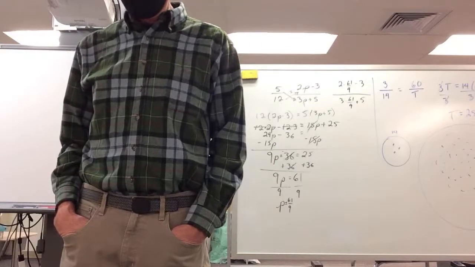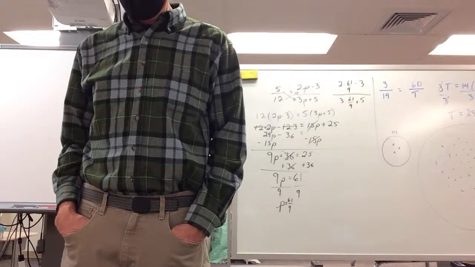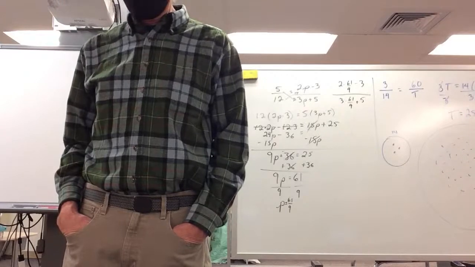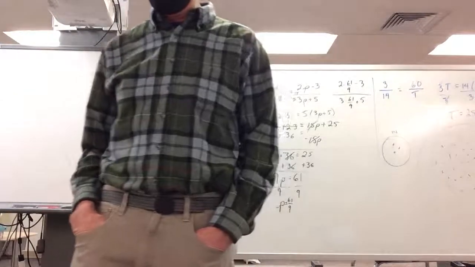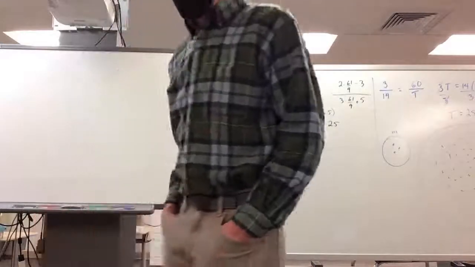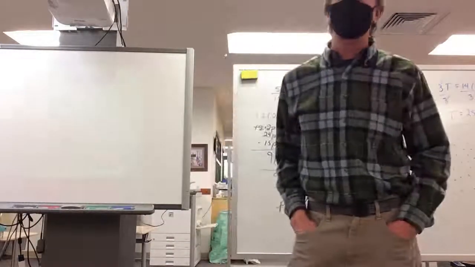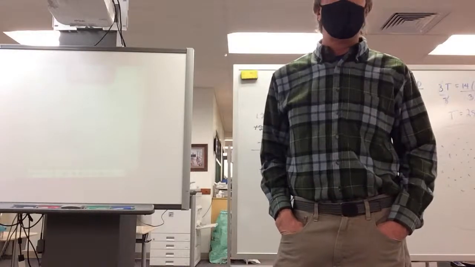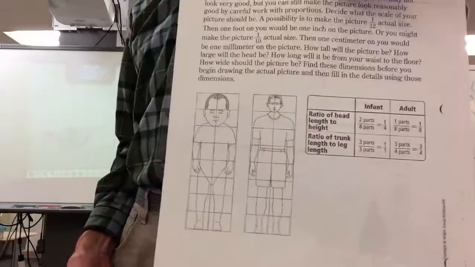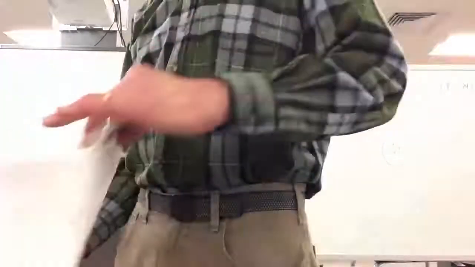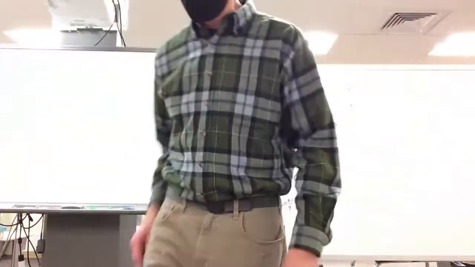This is supposed to be an infant relative size on the left and then an adult. How does the head to body ratio compare? The man looks too small? Does it look a little small?